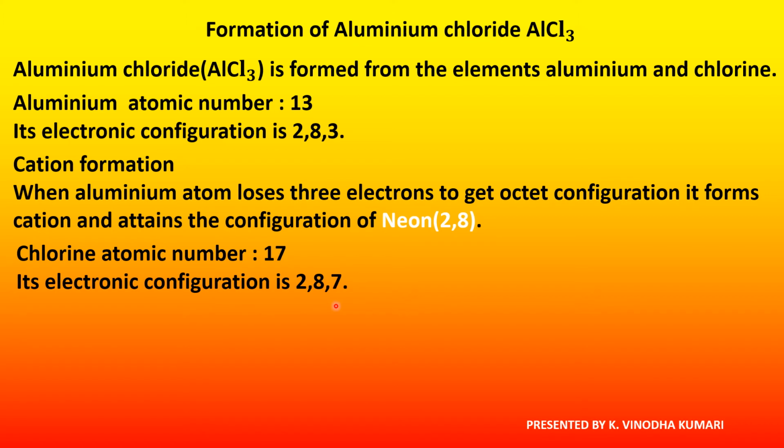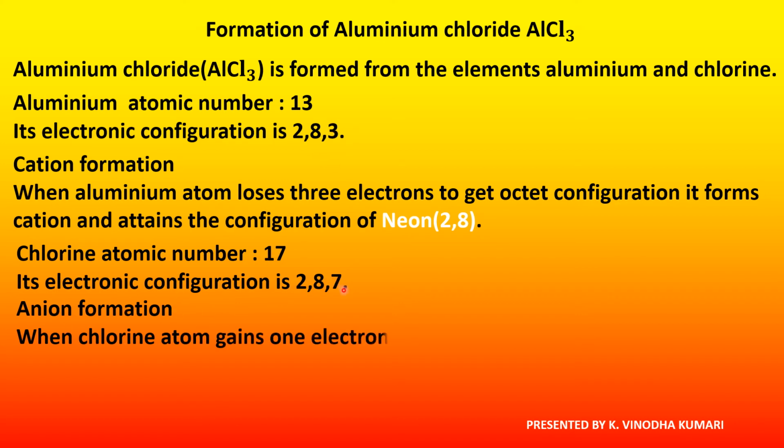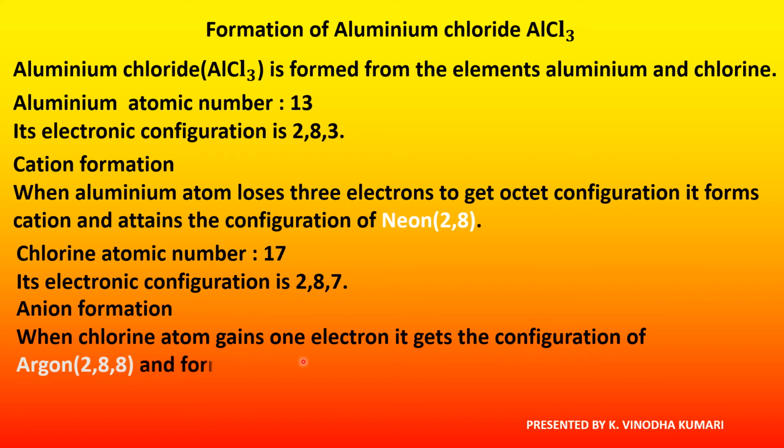And we have seen just now in the previous example, sodium chloride, that it is short of 1 electron. So here also 7 is there, so it is short of 1 electron. But aluminium can give 3 electrons, whereas chlorine can gain 1 electron. So when chlorine attains 1 electron, it gets the configuration of argon, that is 2, 8, 8, and forms an anion.